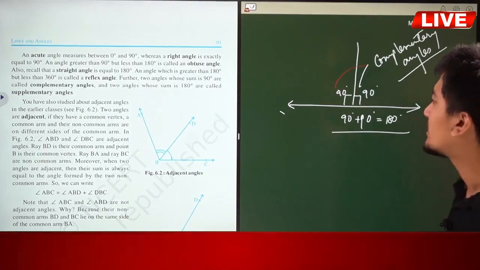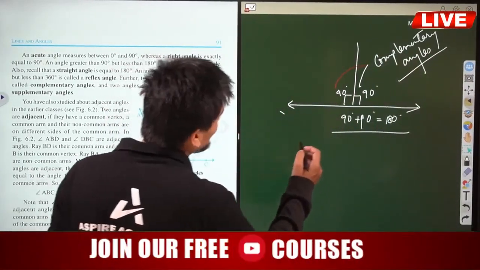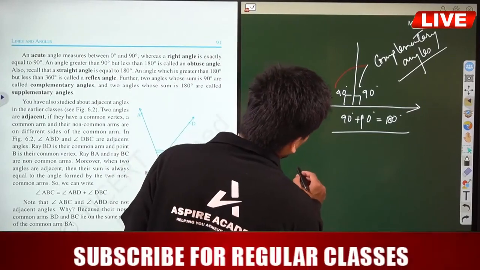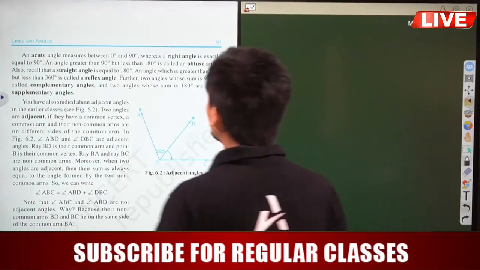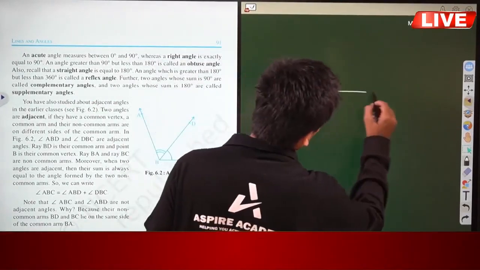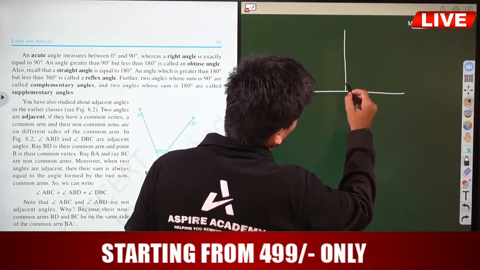Okay, but if the two angles whose sum is 180 degrees, okay, now see, if this is a straight line and say this is 90 degrees, right?